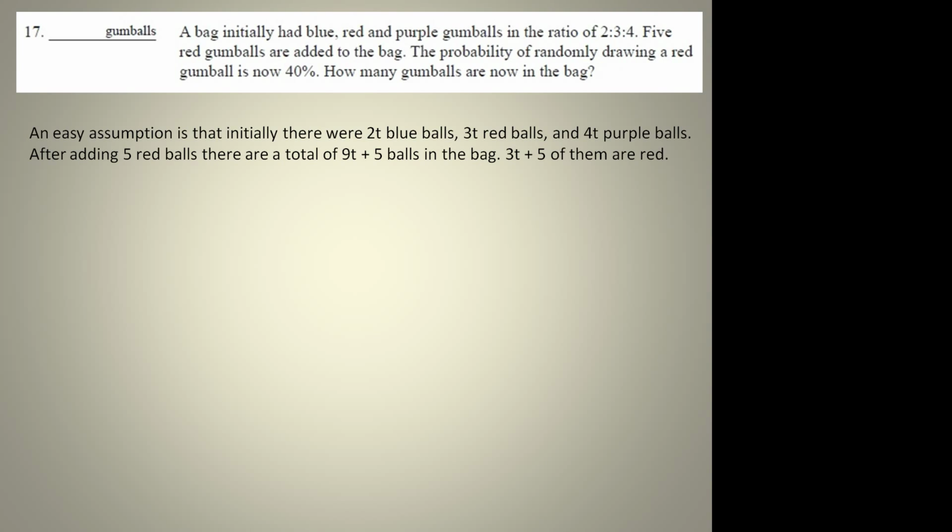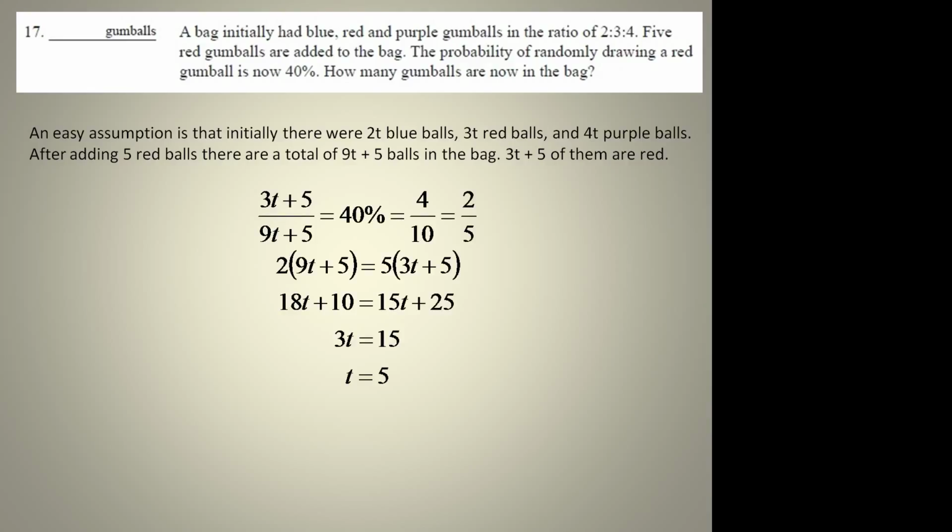Total number was 9t plus 5. If we divide them, that should represent this 40%. But you know that 40% is 40 over 100, same as 4 over 10, that's 2 over 5. So you cross multiply. Two fractions are equal, that means the cross products are equal. So 2 times (9t plus 5) is the same as 5 times (3t plus 5).